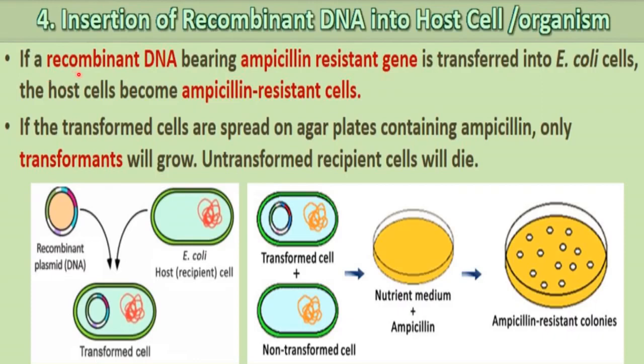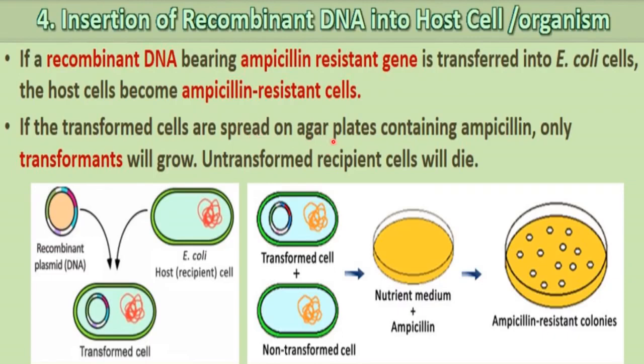And if a recombinant DNA bearing ampicillin resistant gene is transferred into E. coli cells, the host cells become ampicillin resistant cells, right? If the recombinant DNA is having this resistant gene, then obviously the host cell will become resistant to ampicillin. And if the transformed cells are spread on agar plates, an agar plate is a nutrient medium for the host cell.